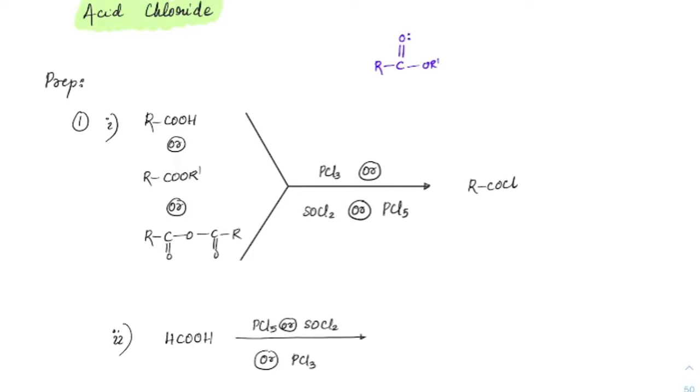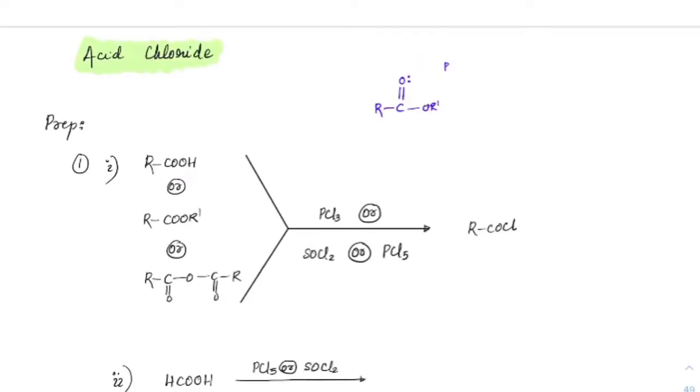So the lone pair will first attack on PCl5 here, Cl minus will leave. Once you get that, again oxygen will make one more double bond here. Then Cl minus will attack here, removing out this group. Sorry, mistake here.